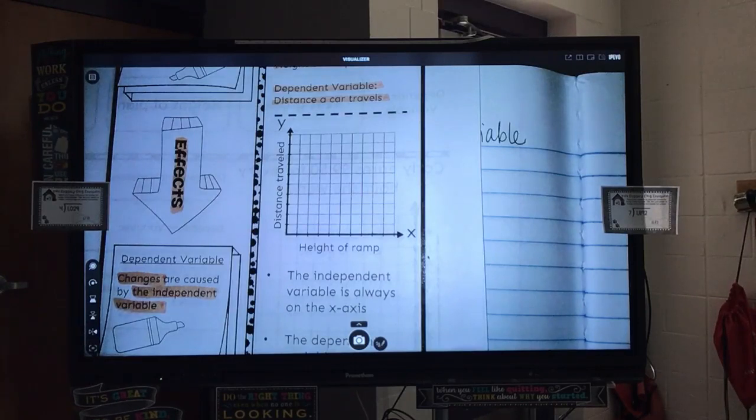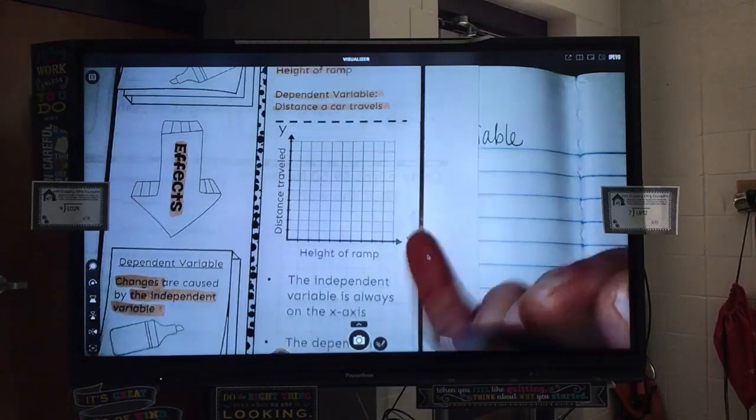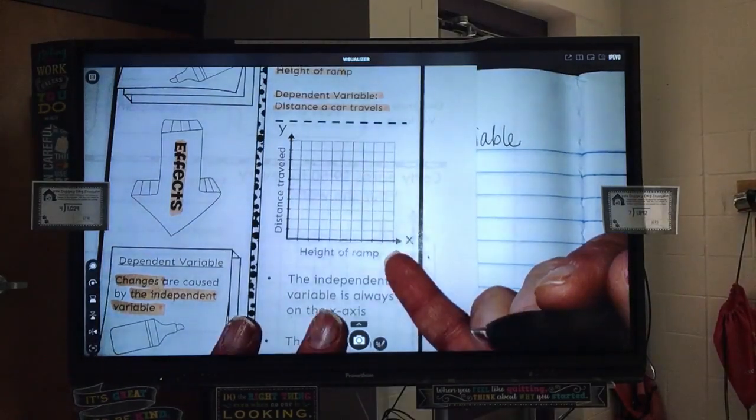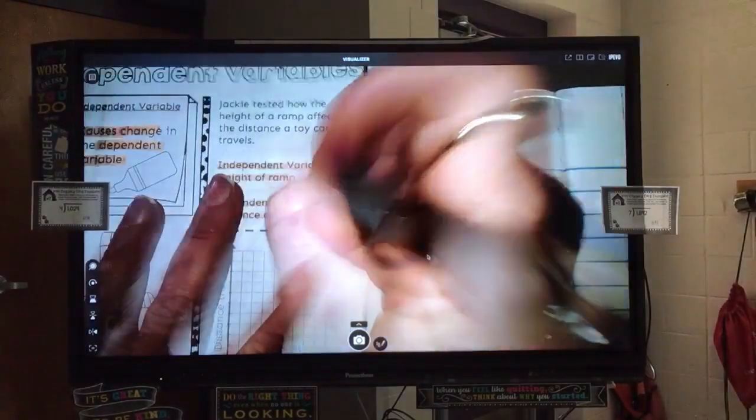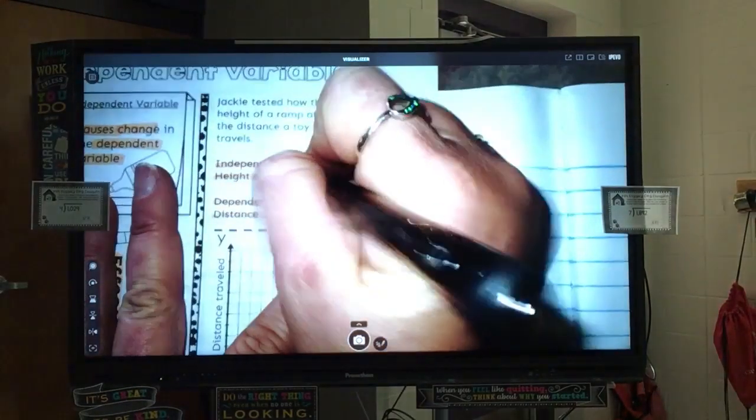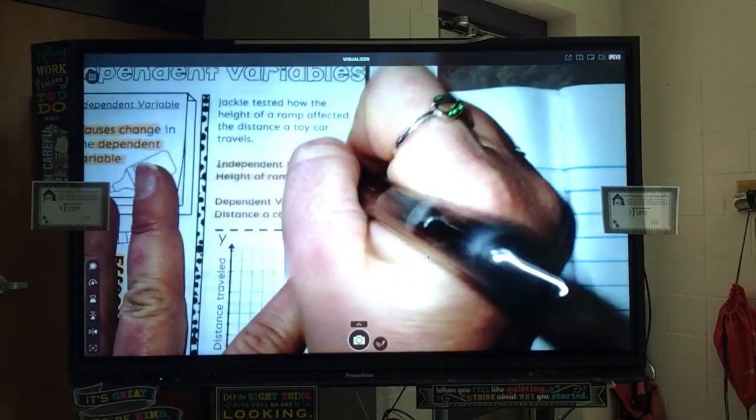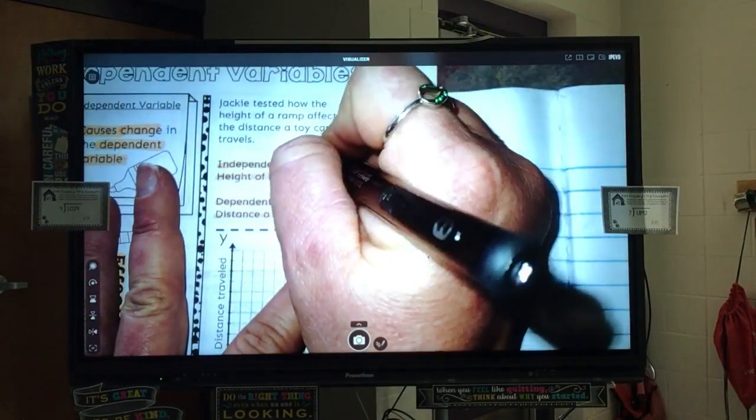Not important right now. Something else you need to always remember though is your X is always going to be your independent variable. So your x-axis is always the independent variable.